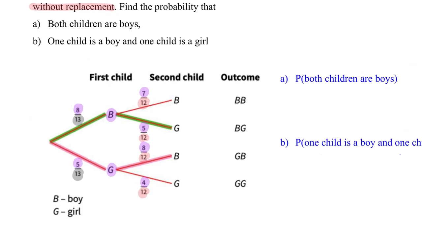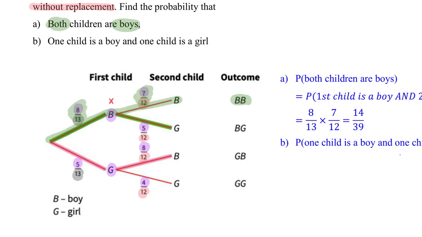Find the probability that both are boys. Then it will have to be this outcome, meaning that I'm going to have this multiplied by this to get me the answer.